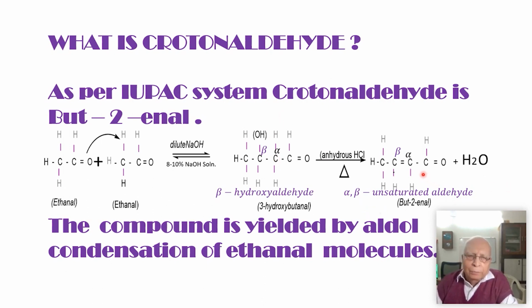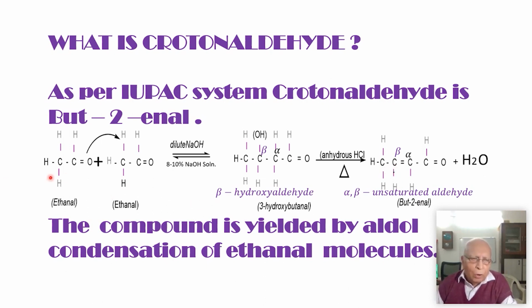There has been a system of nomenclature using alpha, beta, gamma from the carbon atom attached to the functional group. For example, in CHO, this is the functional group. The next atom is alpha, which in IUPAC is number 2, and then beta, and then gamma, and so on.